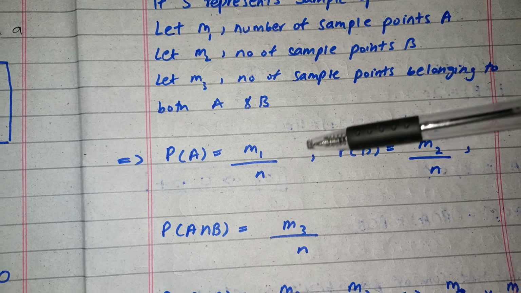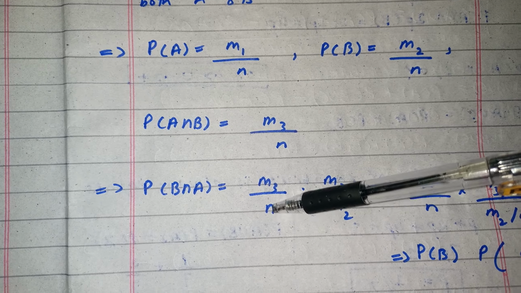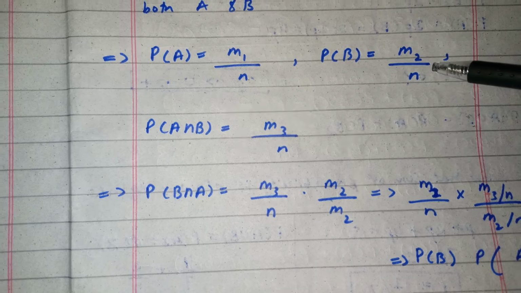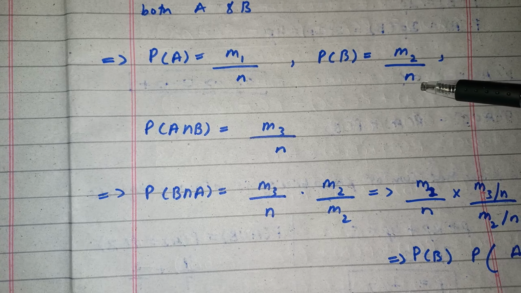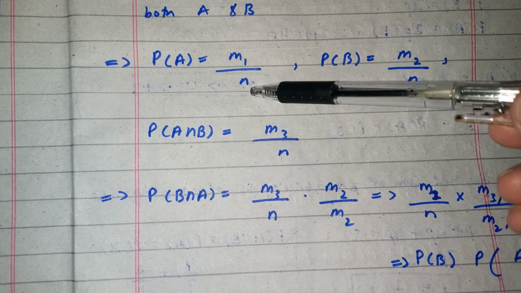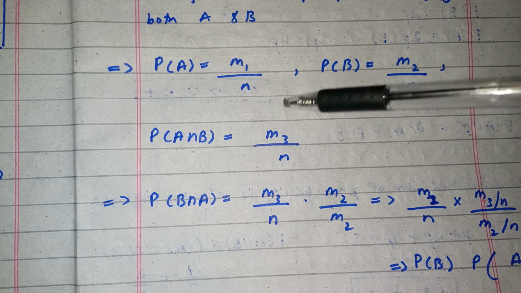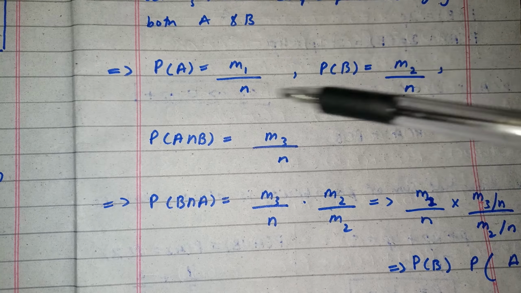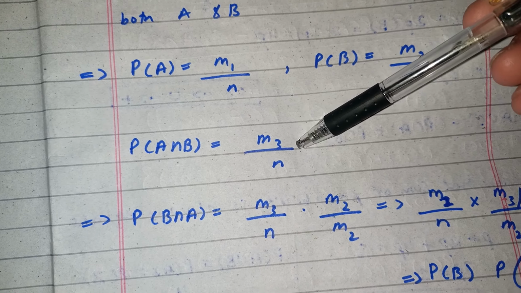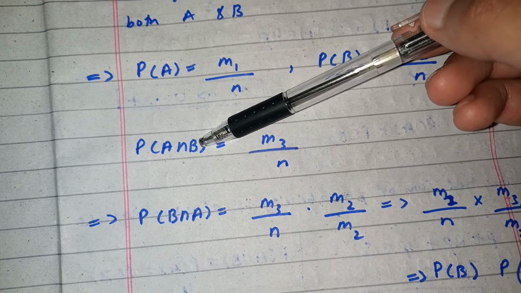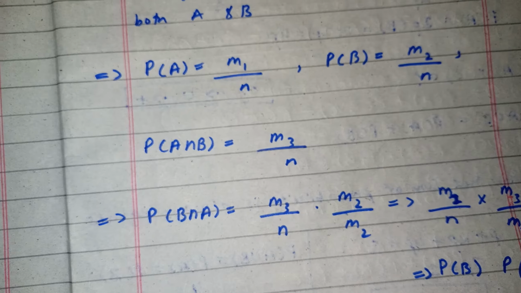Then, if we talk about probability of B intersection A, it is also M3 over N, because B is M2 over N and A is M1 over N. So how are we going to change it here? As we know, probability of A intersection B is equal to M3 over N, and probability of B intersection A is also M3 over N. Both are the same, no issue.